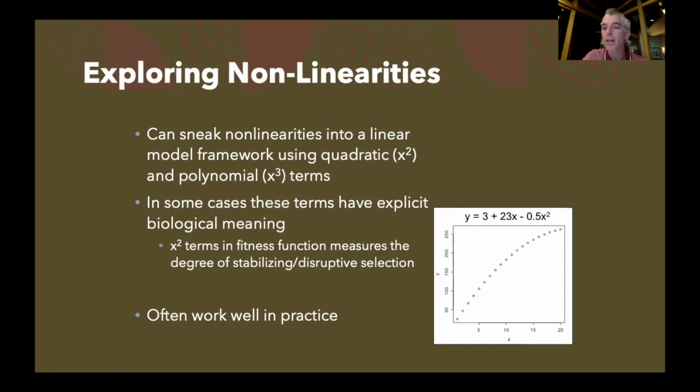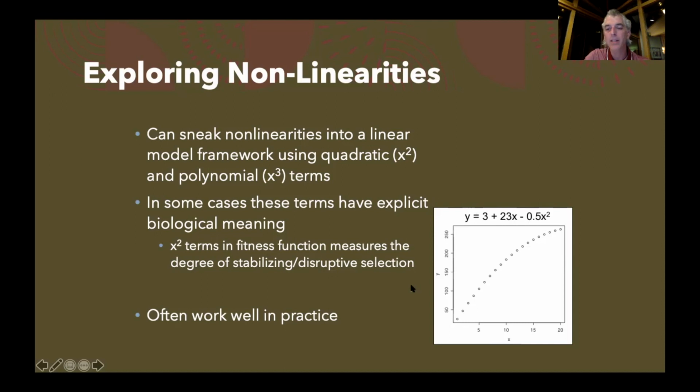So instead, what we can sometimes do is describe these wiggly relationships using either quadratic or polynomial terms, where instead of having a linear predictor of x, we also include a quadratic predictor of x squared, where we take our predictor variable x, multiply it by itself, and include that as an additional predictor. What we get out of that is a quadratic equation that will describe a hump-shaped relationship, either a hump-shaped down or a hump-shaped facing up quadratic relationship.